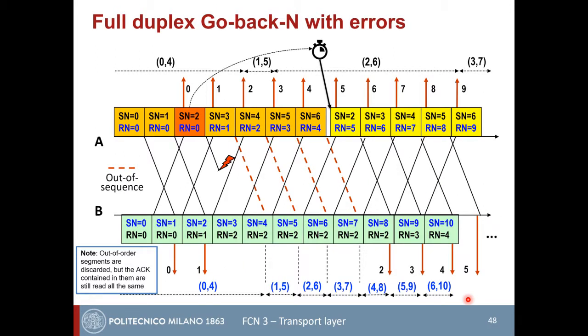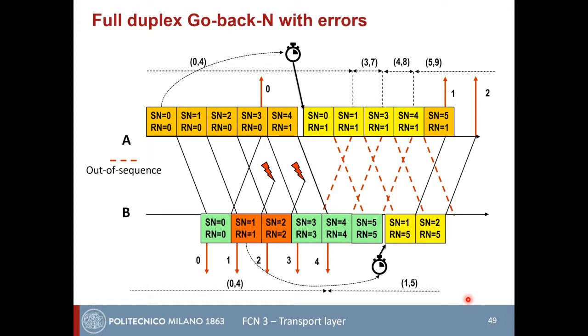So in this case, we have the loss of a packet in the direction of A to B. Here instead we have loss of 2 packets in the direction from B to A, which, depending on the flow from A to B, is equivalent to the loss of 2 acknowledgements.